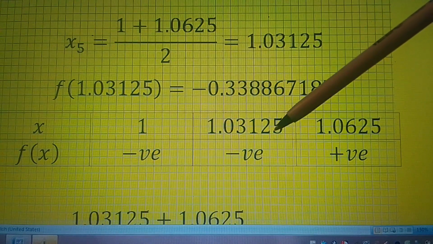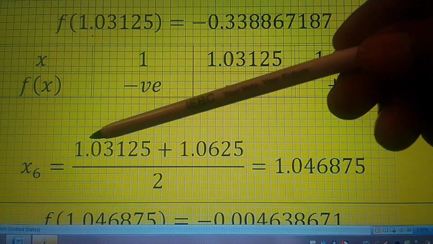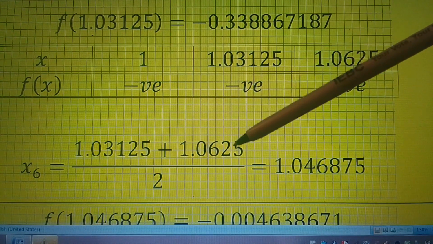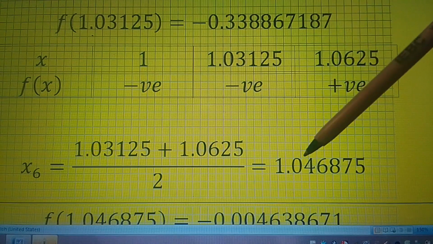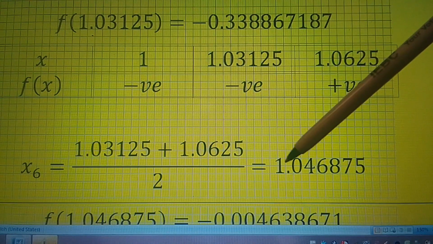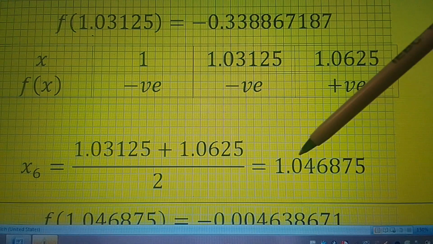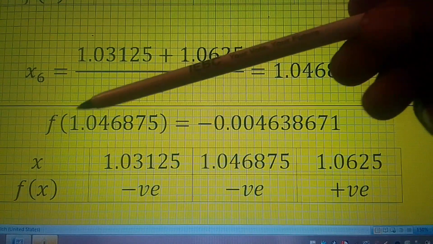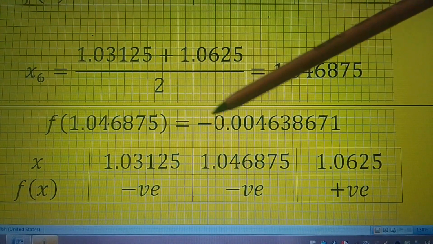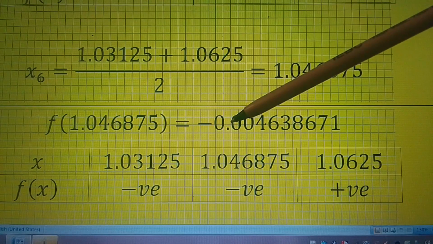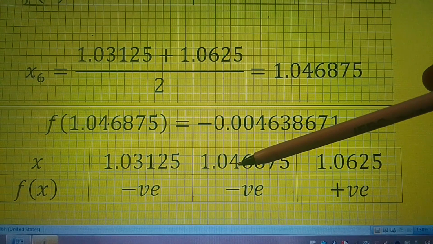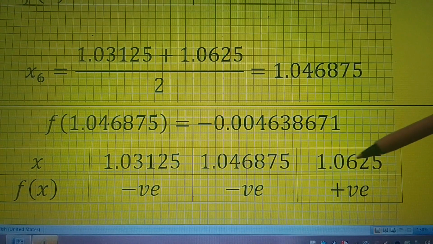1.0625. So for x6, we pick 1.03125 plus 1.0625 divided by 2, which gives us 1.046875. f of x6 is negative, so the root still exists between x6 and 1.0625.